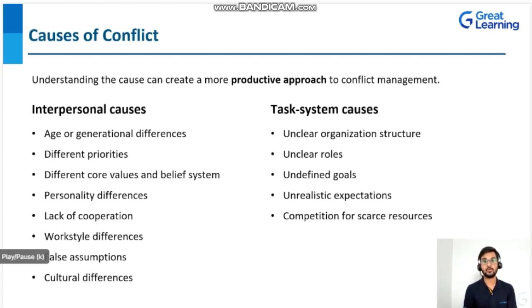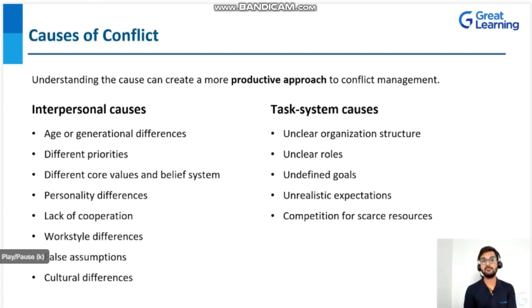Then unclear roles. If you do not know what exactly you are supposed to do, that can also be a cause for conflict. Undefined goals. You are not sure what exactly your objectives are, whether your objectives are aligned with the objectives of the organization or not. You will never be clear about anything, you will work and you will feel unproductive. That is also a cause of conflict. Then unrealistic expectations.